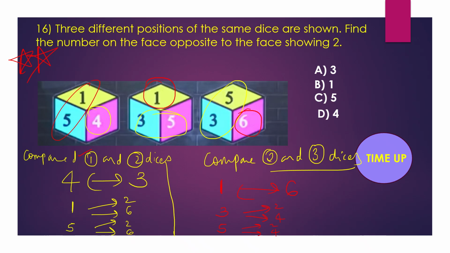Check the options now. When you check the options, 3 can't be the answer. Yes, 3 can be the answer because here you have correct. 2 का ऑपोजिट 3 भी हो सकता है, 2 का ऑपोजिट 5 भी हो सकता है. यहाँ पे 2 का ऑपोजिट 1 भी हो सकता है, 2 का ऑपोजिट 5 भी हो सकता है.